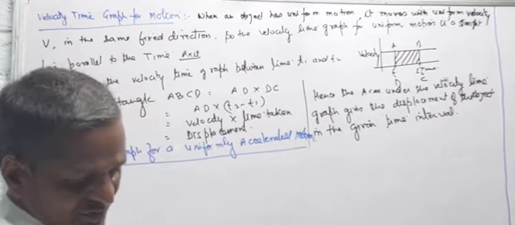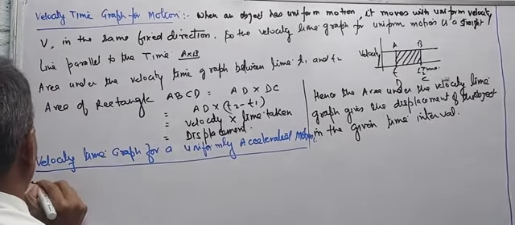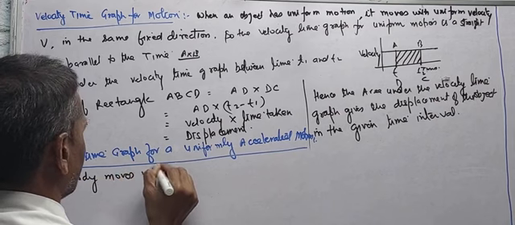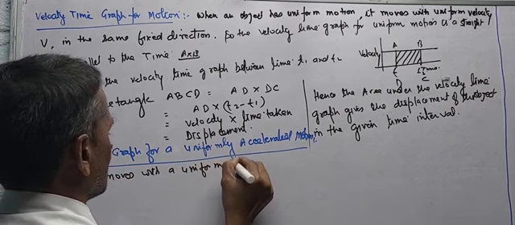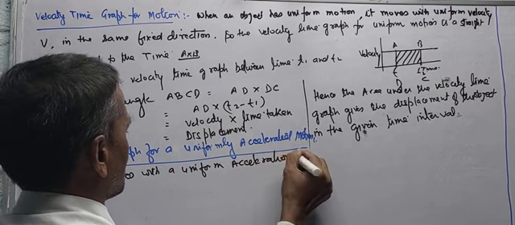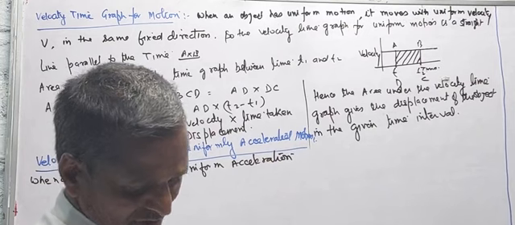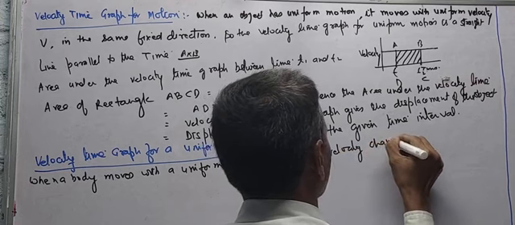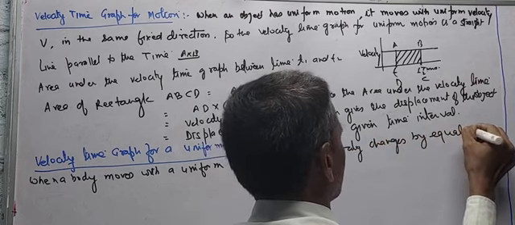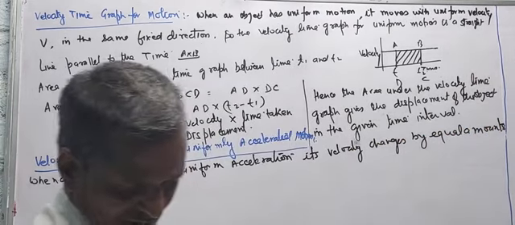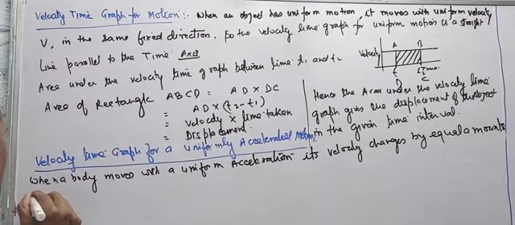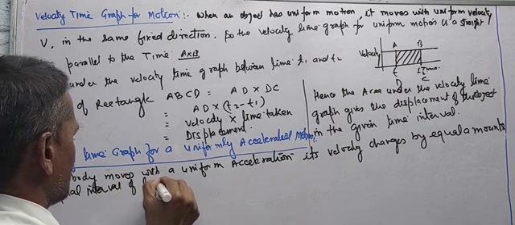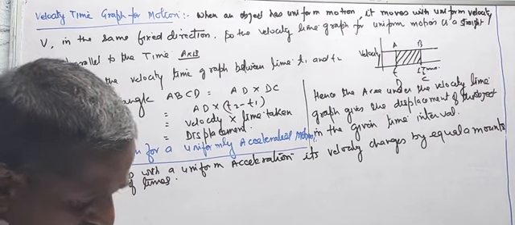When a body moves with a uniform acceleration, its velocity changes by equal amounts in equal intervals of time.